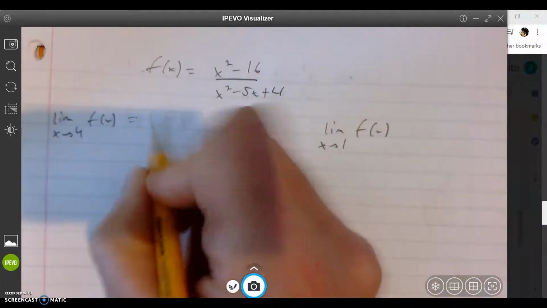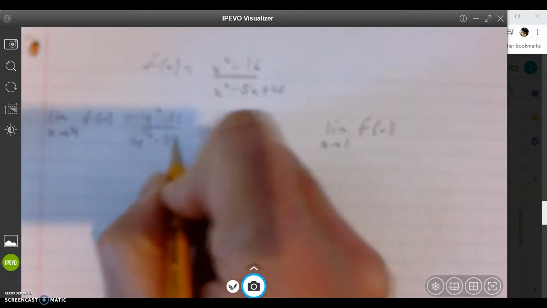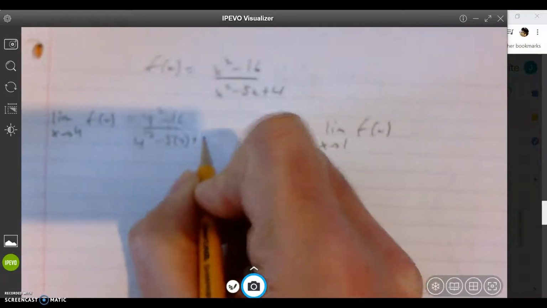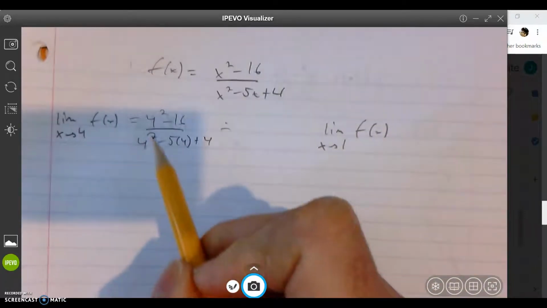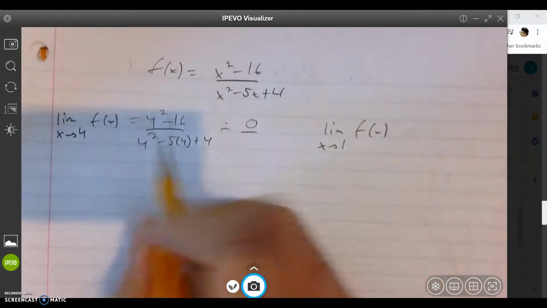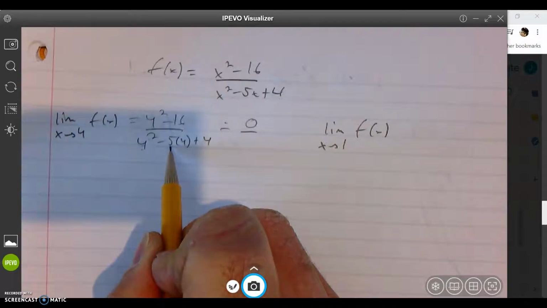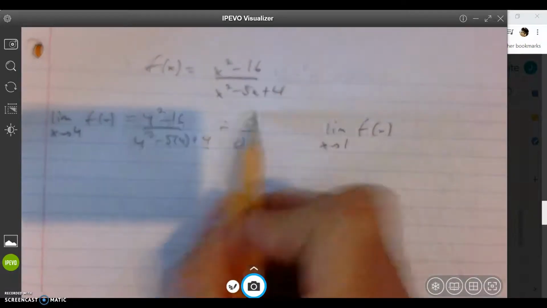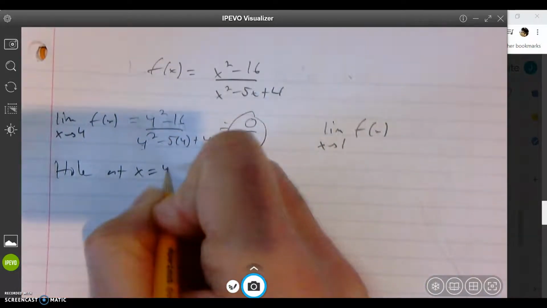Okay, so we have 4 squared minus 16 over 4 squared minus 5 times 4 plus 4. Cool. So 4 squared is 16 minus 16, which is 0. And this is 16 minus 20, which is negative 4, plus 4 is 0. What is that? We have a hole at x equals 4.